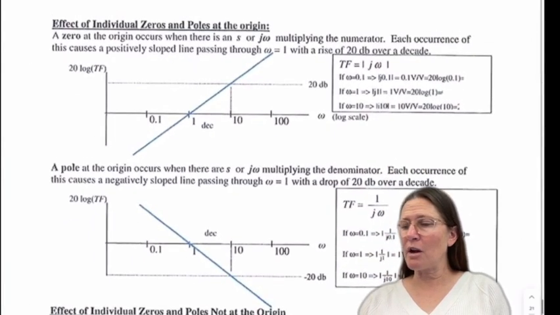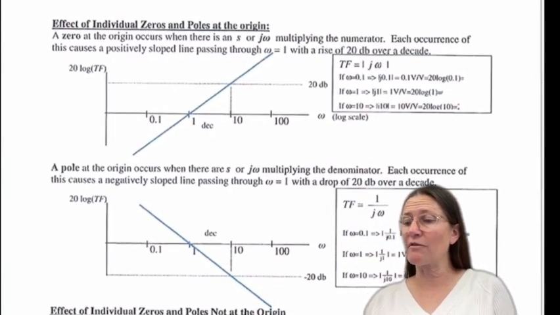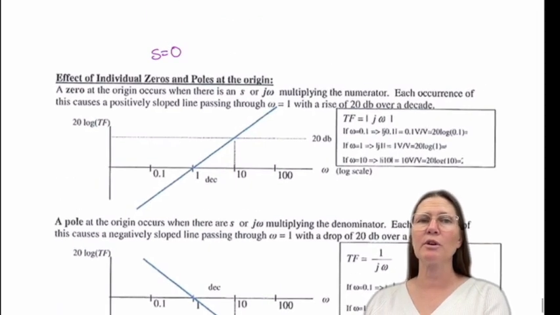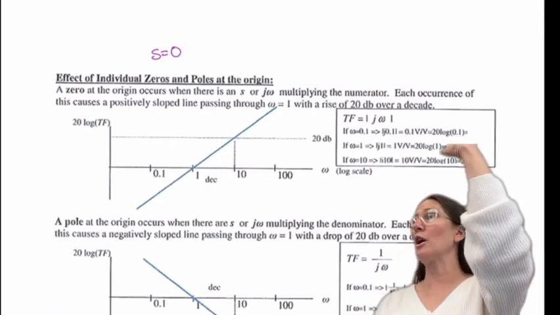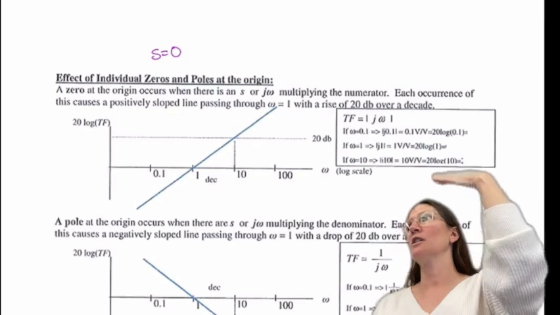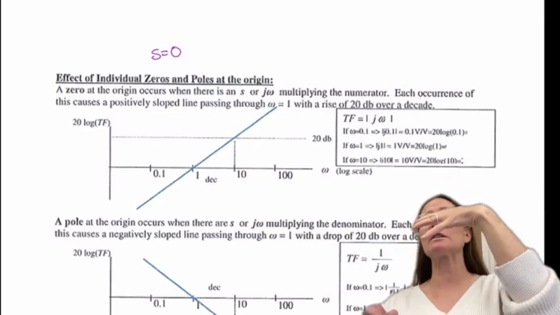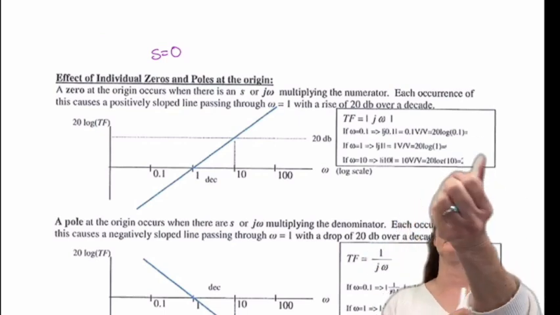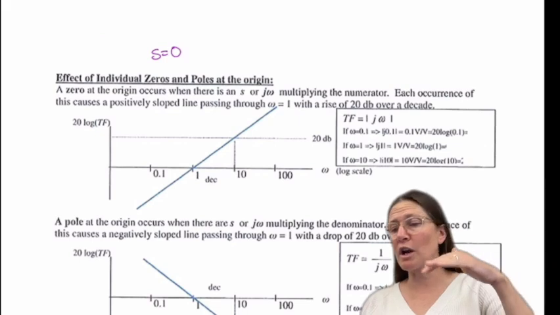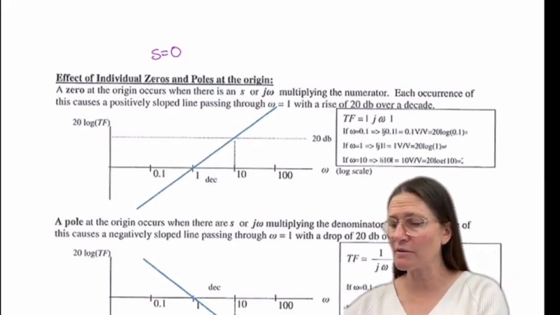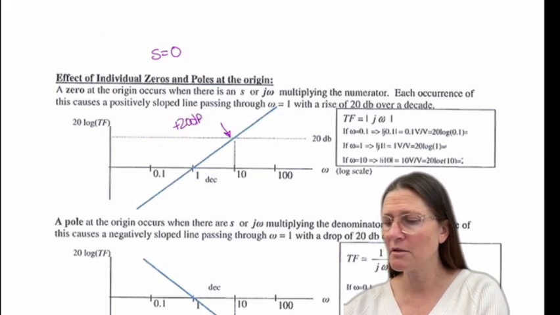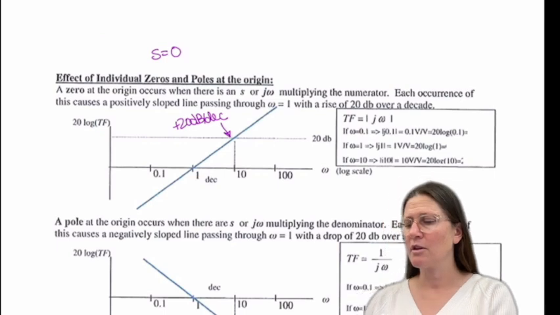The other effect is if I just have a zero or pole at the origin. That's when S will be equal to 0. So if S is on the numerator, that means you have a zero at the origin. If an S is on the bottom, it's going to be a pole at the origin. Each one of those is going to have a slope. So for a zero, you have a positive 20 dB per decade effect.